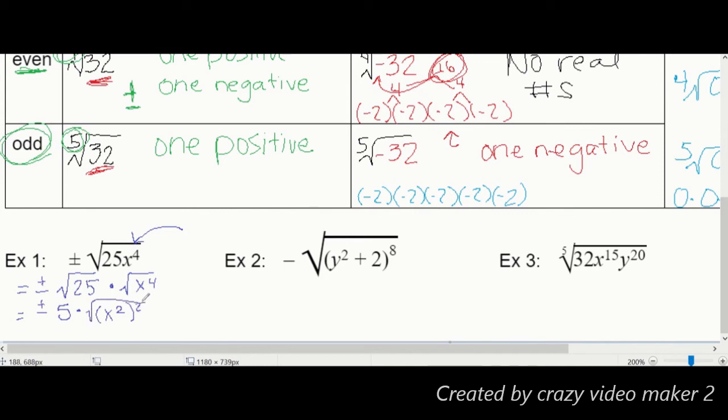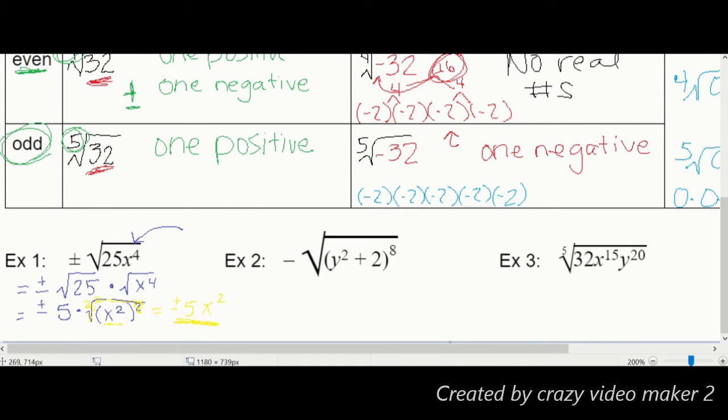So then what can happen is this radical symbol here, that can actually just cancel out. We can be done with that as well as this squared over here, because this imaginary 2 out there cancels with our 2 over here, just leaving us with x squared. So that means for a final answer, we have plus or minus 5x squared, and that ends up being our final answer.